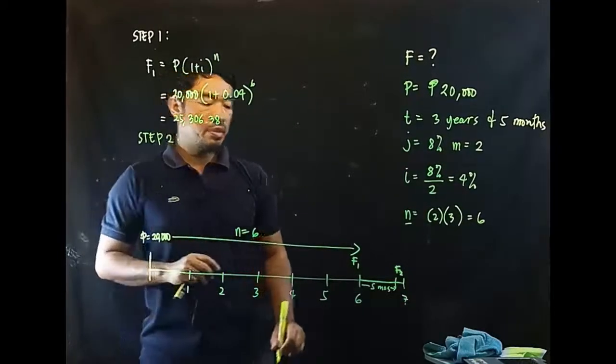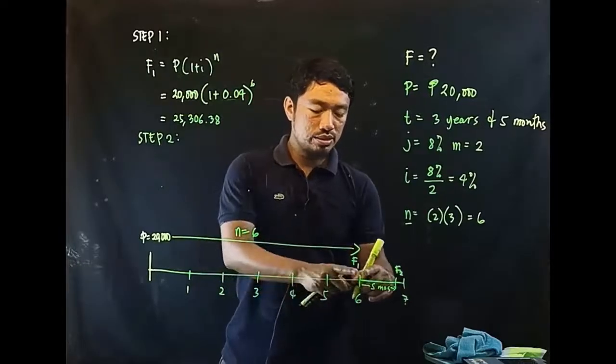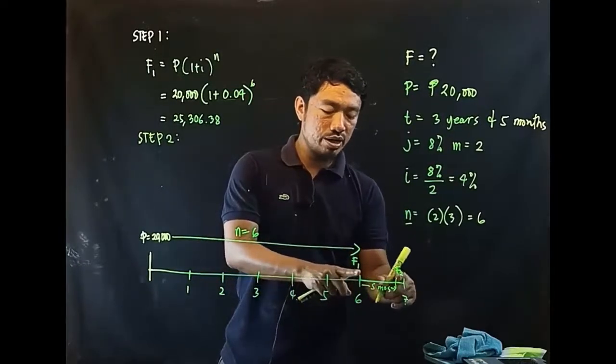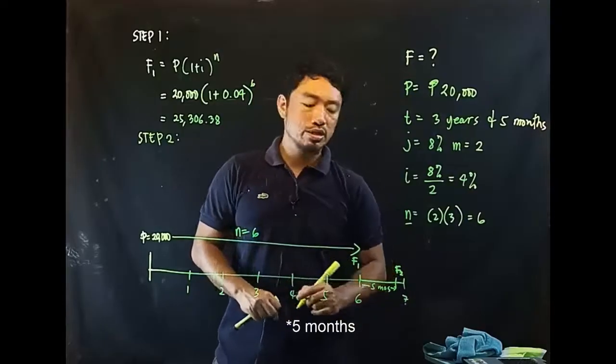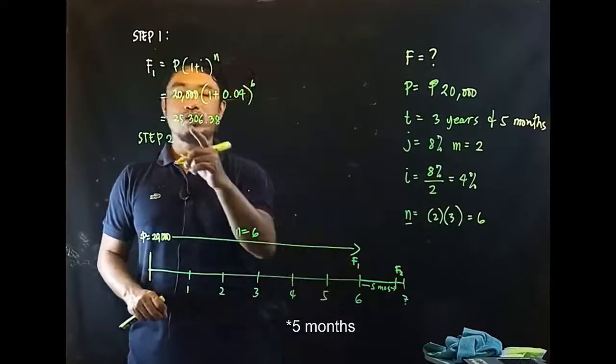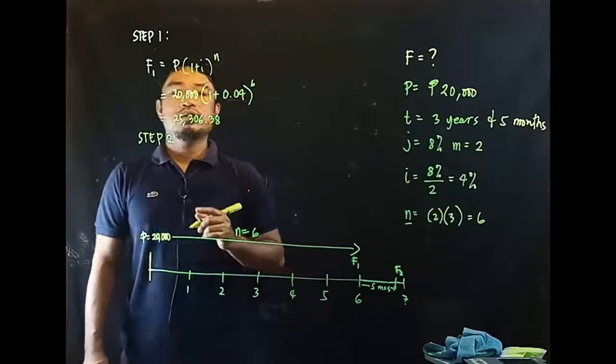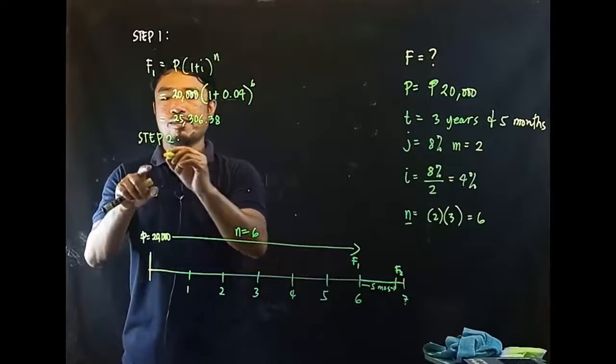The next step is to determine the interest gained for the remaining 5 months using simple interest, using F1 or 25,306.38 as original amount.